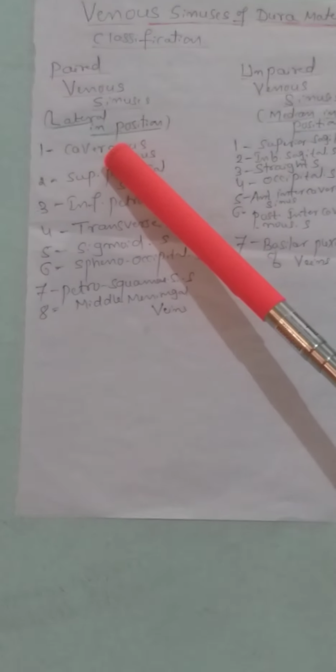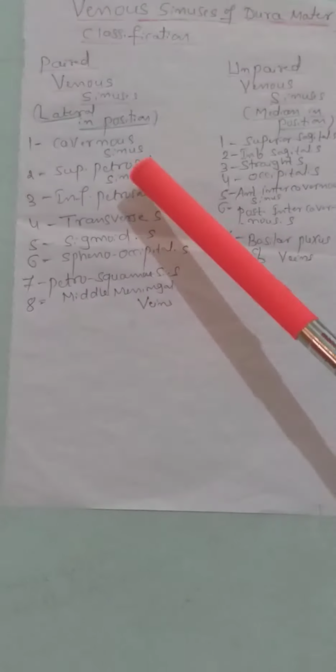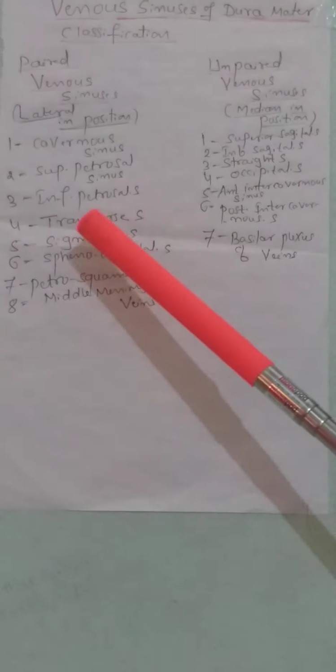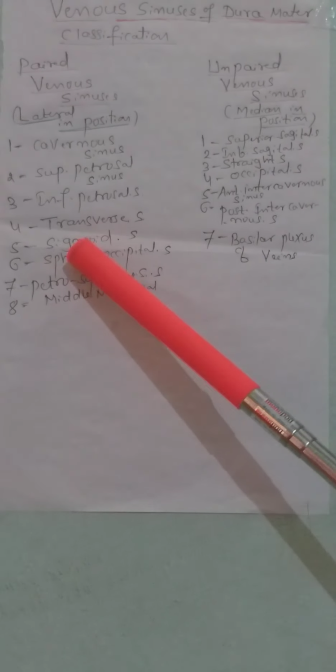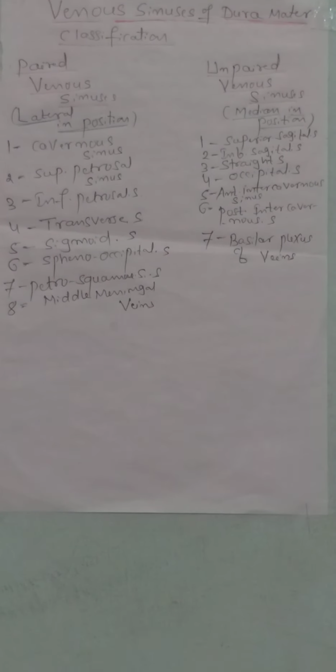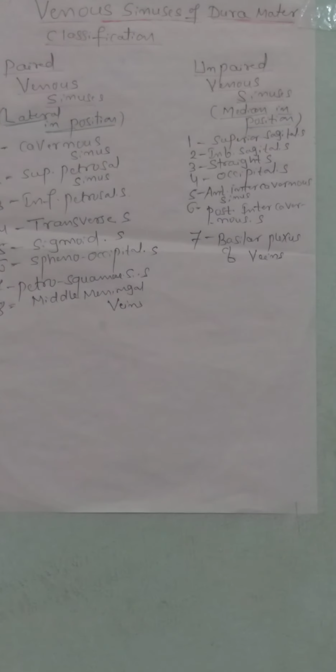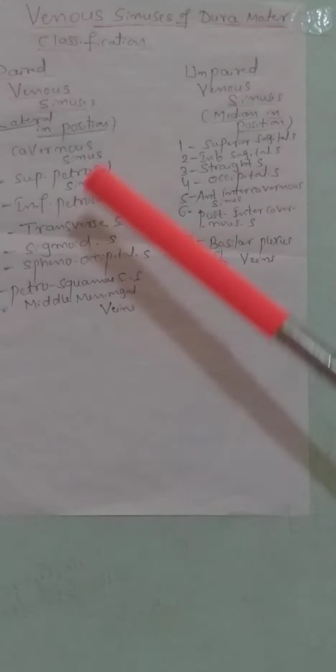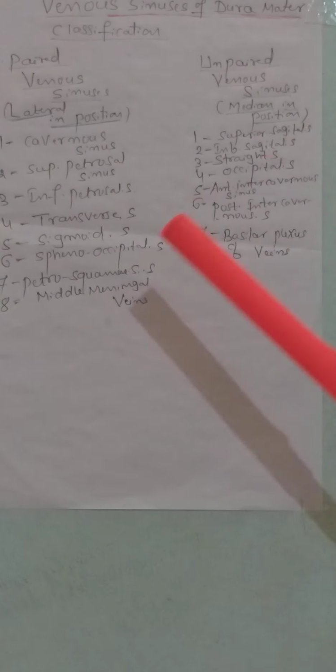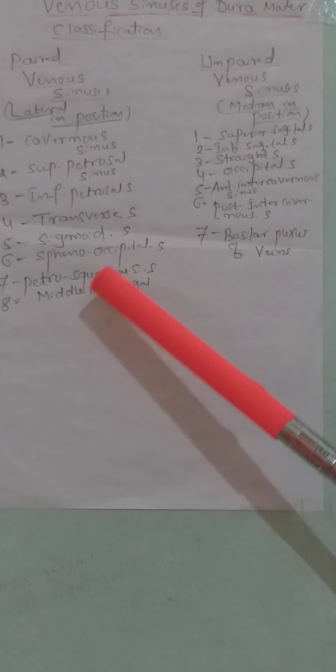They are the cavernous sinus, which we have already seen, superior petrosal sinus, inferior petrosal sinus, transverse sinus, sigmoid sinus, sphenoparietal sinus, petrosquamous sinus, and middle meningeal vein.